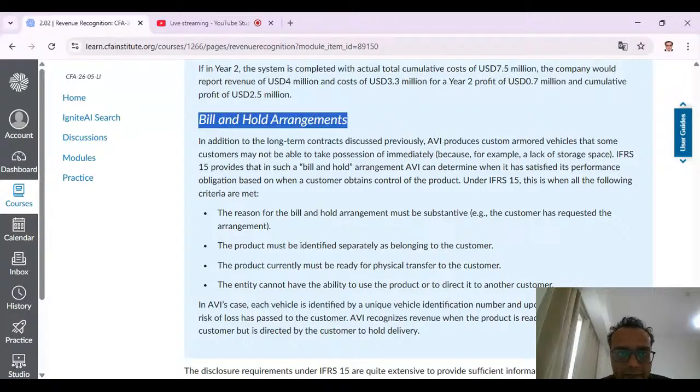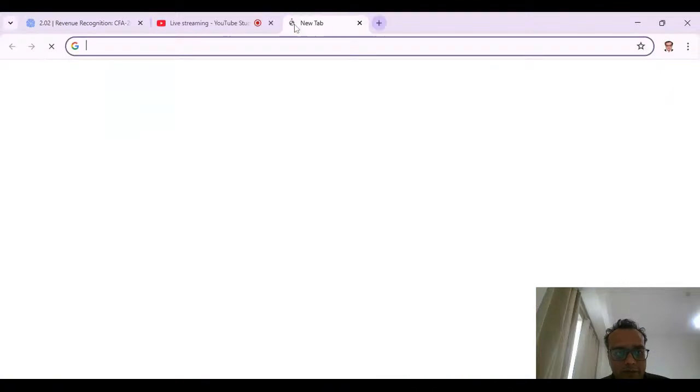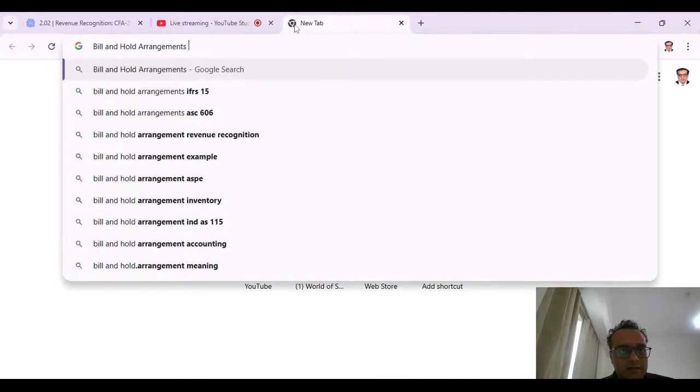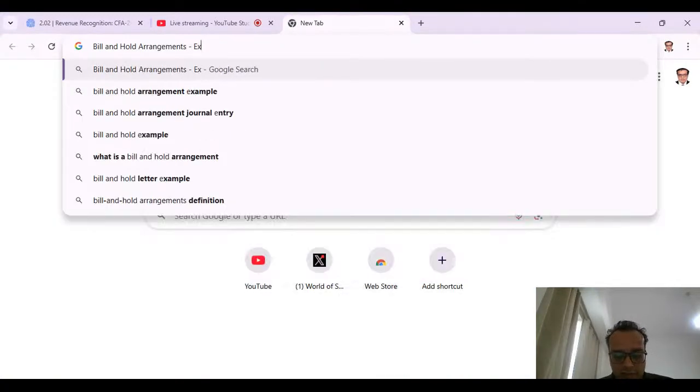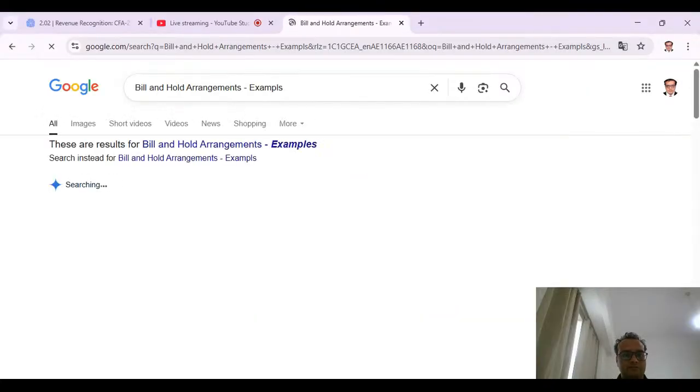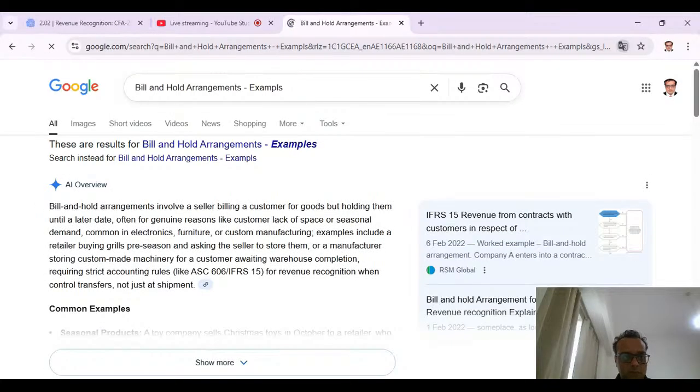example. Let's see if practically what is another good example which is going on in this. Let's ask for bill and hold arrangements, examples. Google. It involves a seller billing a customer for goods but holding them until a later date after a genuine reason like customer lack of space or seasonal demand.